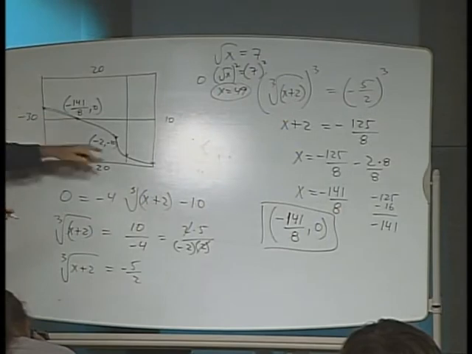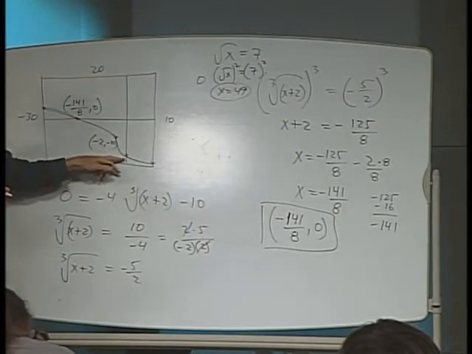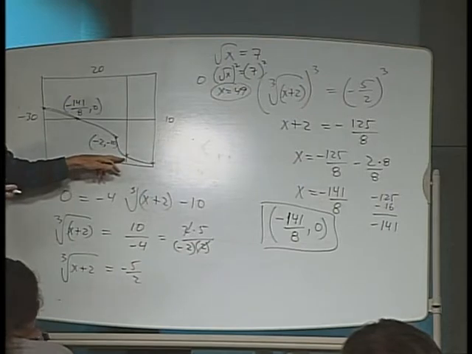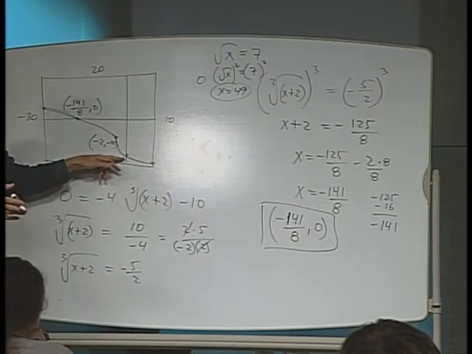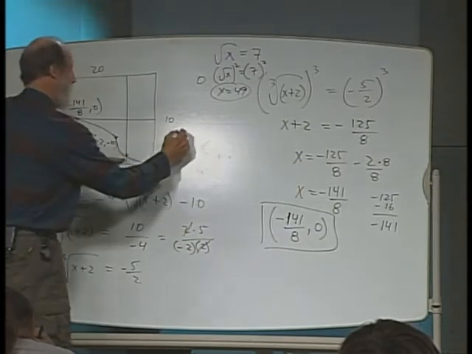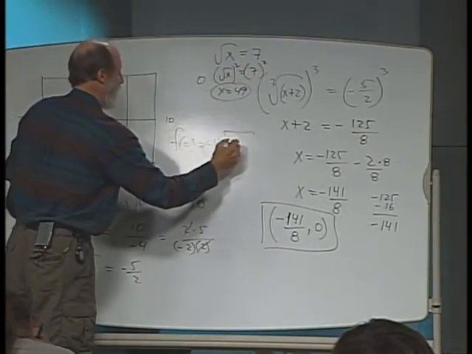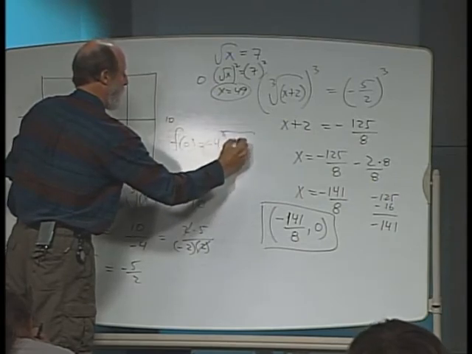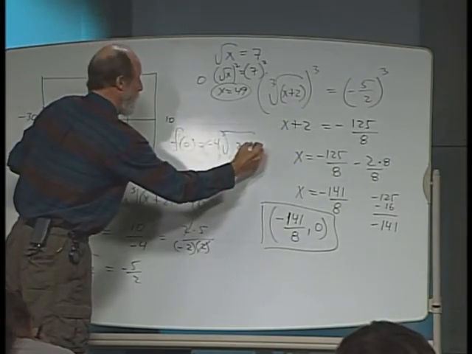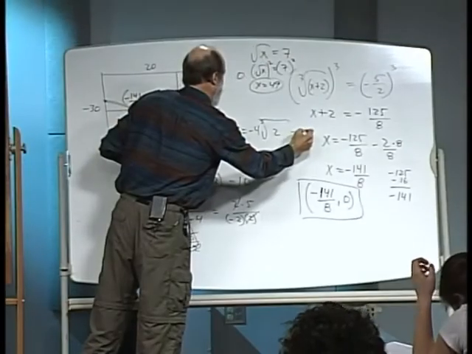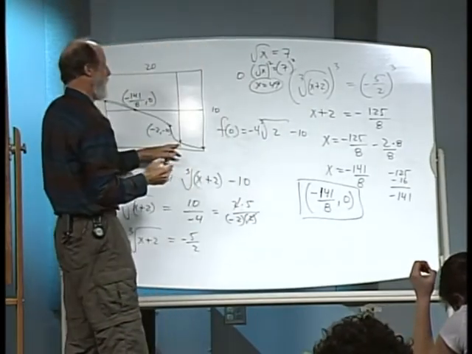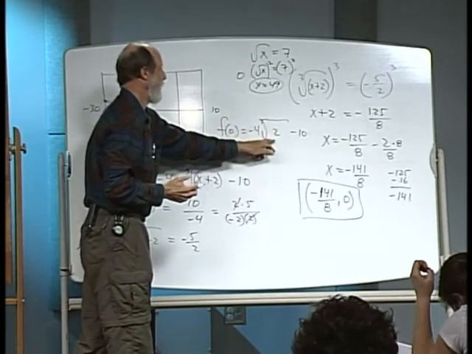Like that. And the y-intercept, did I ever do that? I don't think I ever did it, but you can look at the original function and put x equals 0 into it, and that would give you negative 4 times the cube root of 2, right, minus 10. And that value is not going to be exact.